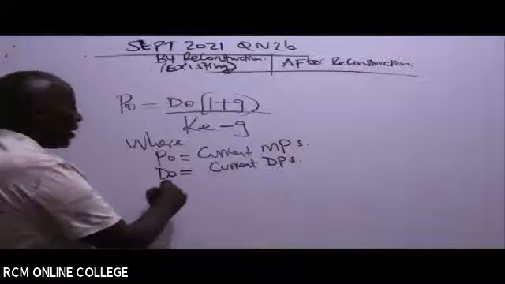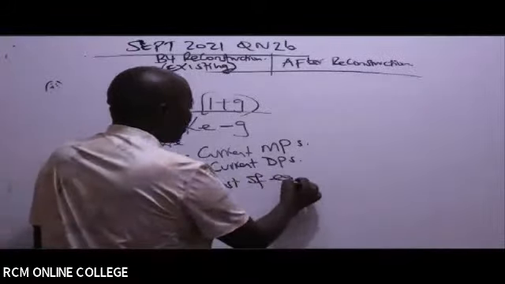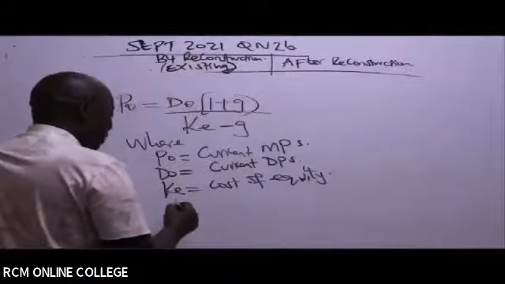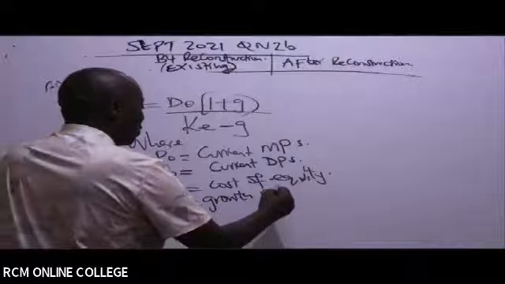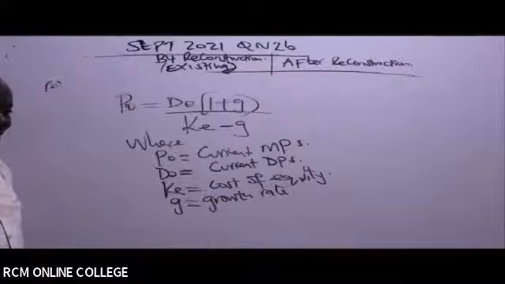Ke is the cost of equity. And then we have g, which is the growth rate.